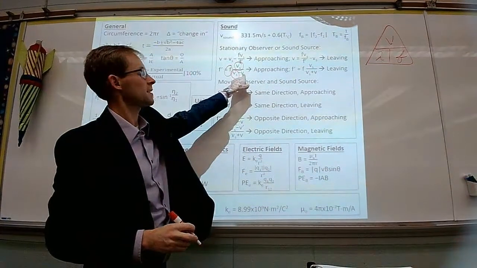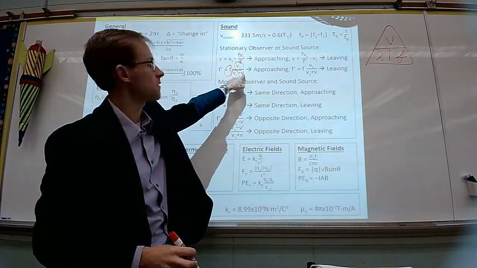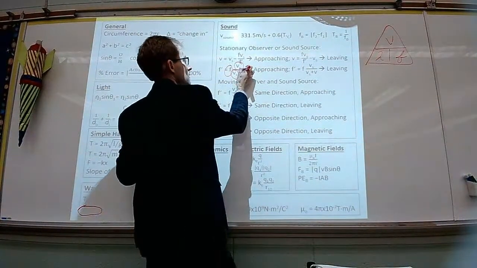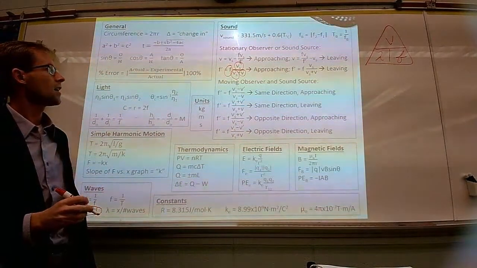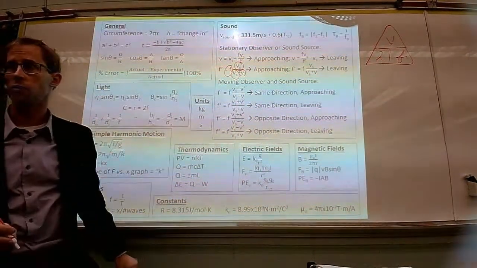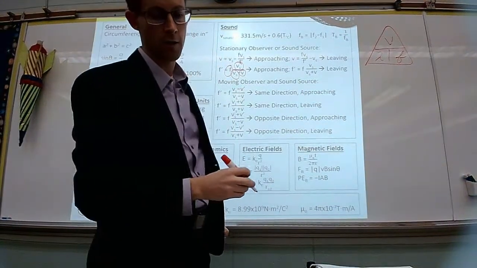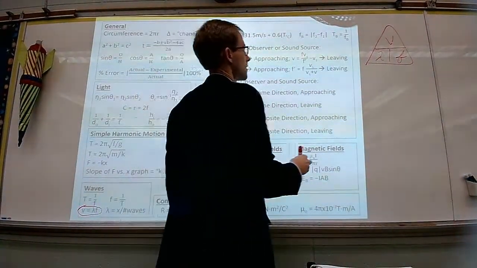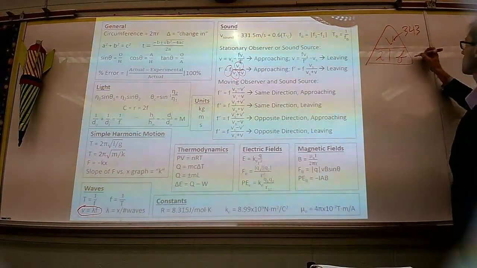And then finally, that velocity right there is given to us as 15 meters per second. This is how fast that train's moving. So when you plug all those numbers in, you're going to get a frequency of 627 hertz. So now we know this is 343 as always.